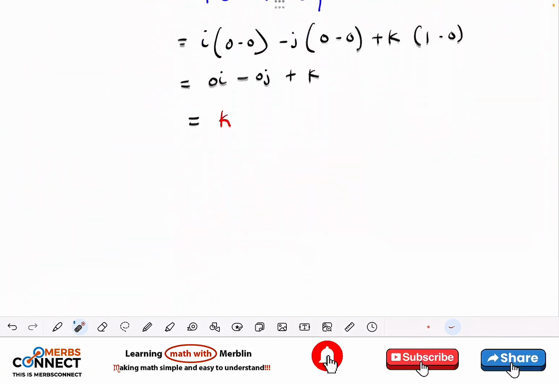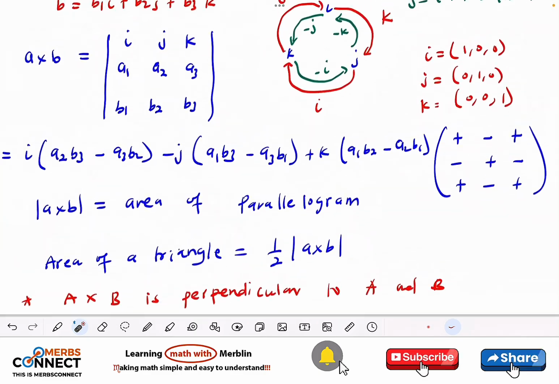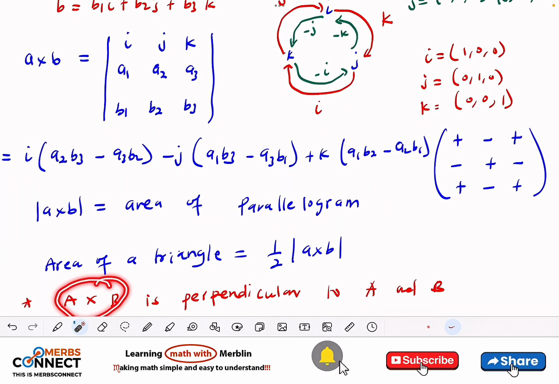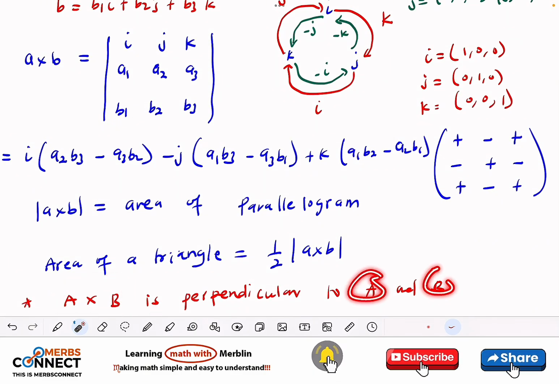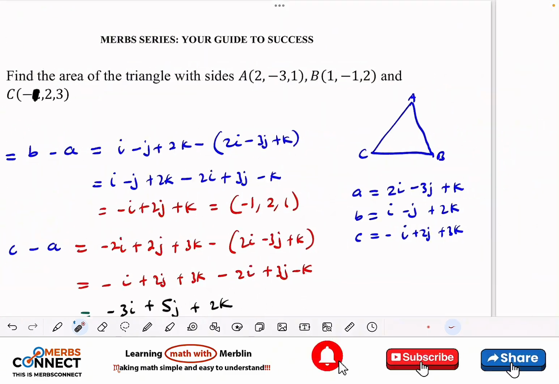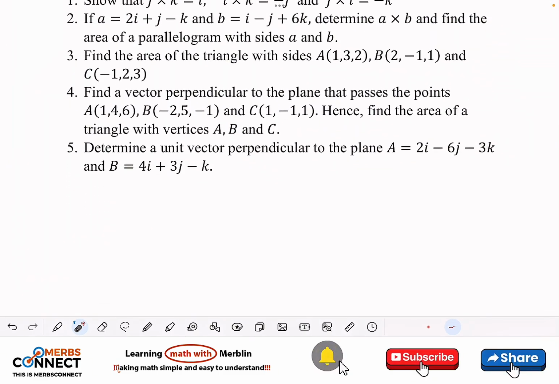Note that when you see A cross B, it is perpendicular to A and B. So here, this question: find a vector perpendicular to the plane that passes through these points. All we need to do in question 4, I'm just going to guide you, then you do the rest.